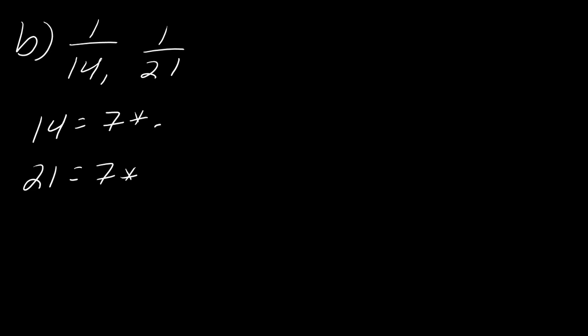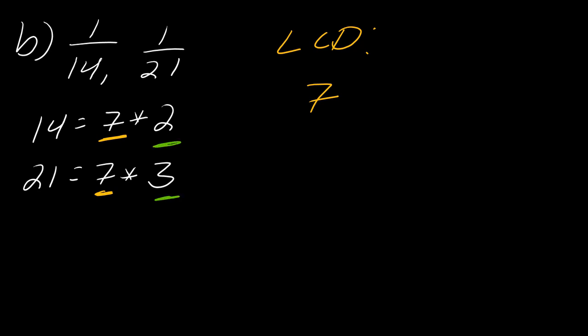And what is 21? 21, the pen's not working, sorry. 14 is 7 times 2, and 21 is 7 times 3. So my LCD is going to be this number that they have in common, and then these other numbers that they don't have in common. So that's going to be 7 times 2 times 3, which is 42. That's going to be my LCD for right now.